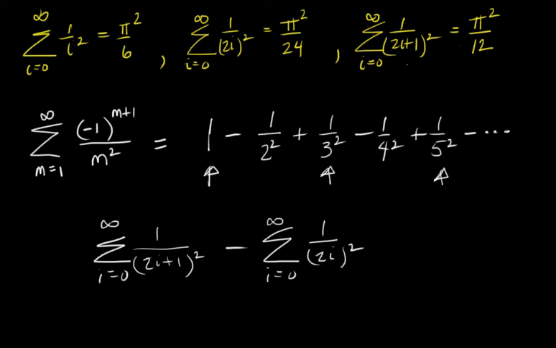Now I want to subtract this one, etc. I want to subtract the sum of all the ones that had even denominators. And if I start at i equals 0, I can't. I have to start at i equals 1, so I correct that. i equals 1.